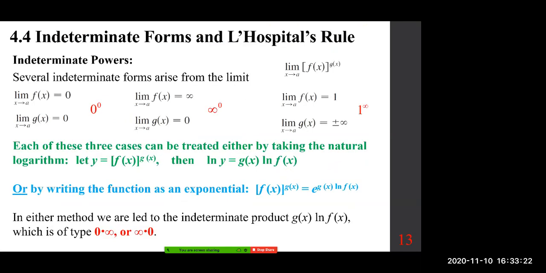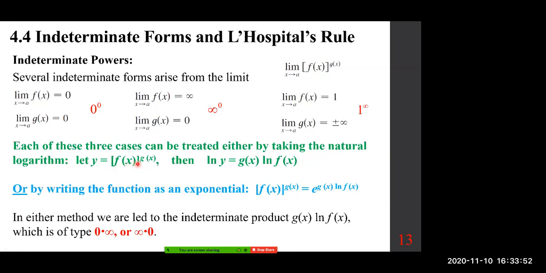Now, we also have cases such as 0 to the power of 0, infinity to the power of 0, 1 to the power of infinity, that are considered indeterminate as well, okay? And the technique is to use natural log.